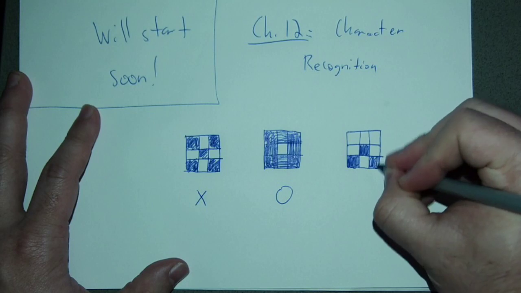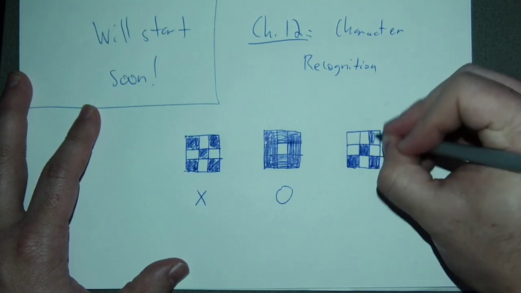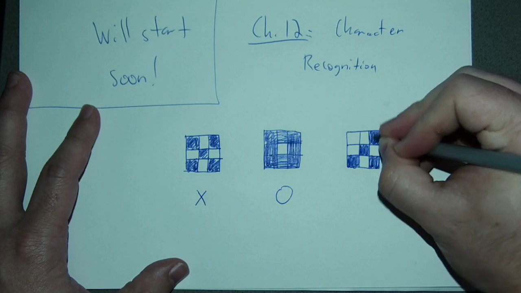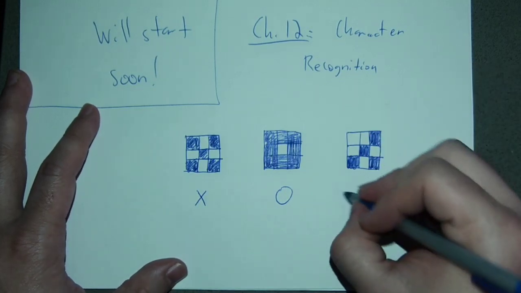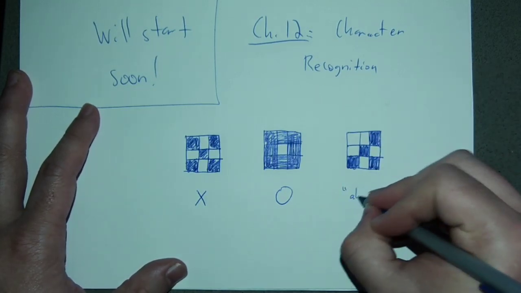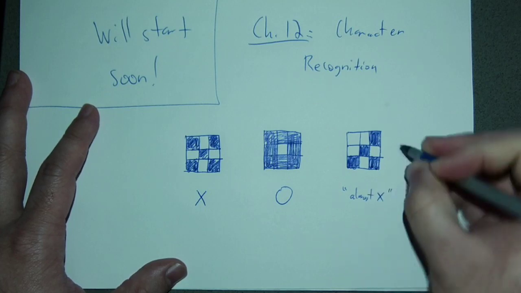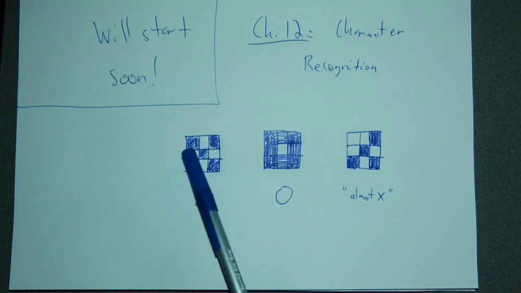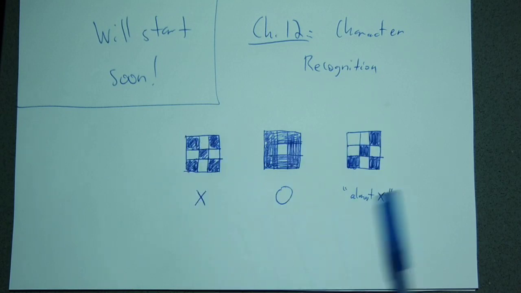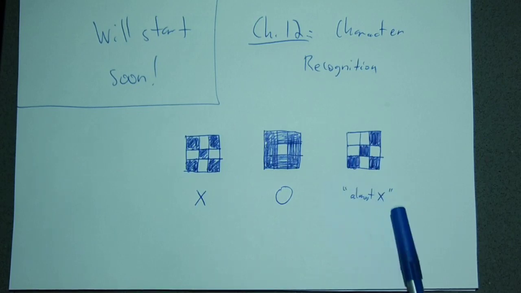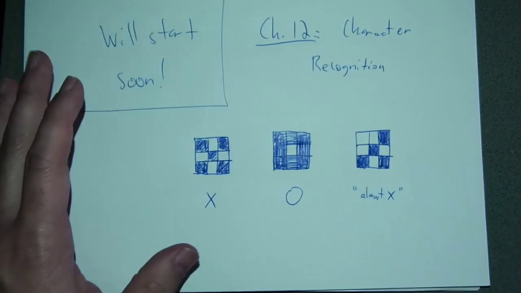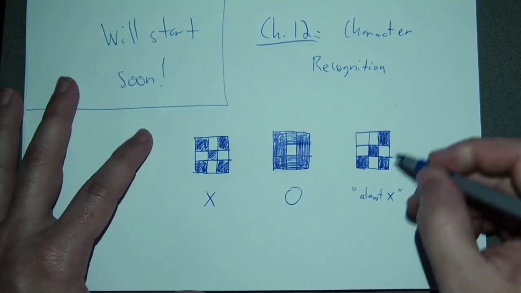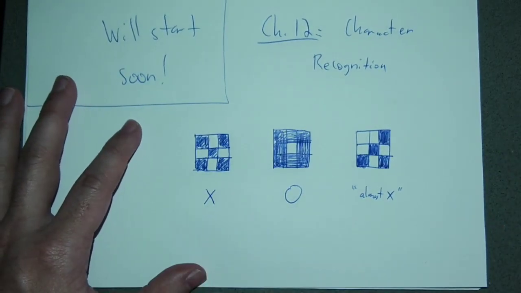So here's the first one, and this is an almost X, right? Maybe you don't consider that as looking like an X, but viewed in the way that we're encoding these X's and O's by whether or not I've shaded one of these squares, I'm only one square off here, right? So I'm a single square off from this thing being a proper X, if I've defined this to be a proper X.